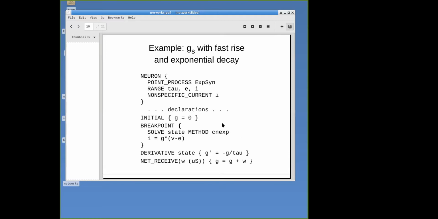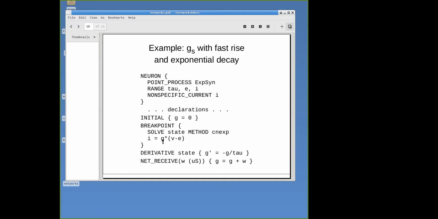All well and good, but where are the statements that say what kind of a current that generates? Well, they're in the breakpoint block where they belong. And it says here, solve state method CNEXP. What this means is it takes the differential equations in this derivative block, which describes the mono-exponential decay of G, and at every time step, it calculates a new value for G, and then it uses that value for G in this equation to calculate the value of the synaptic current.